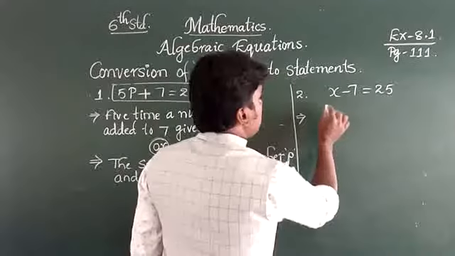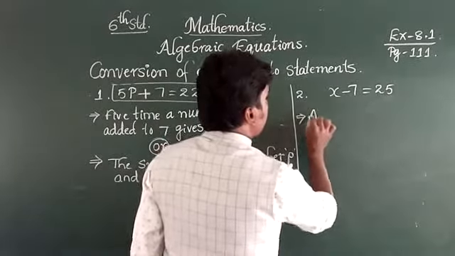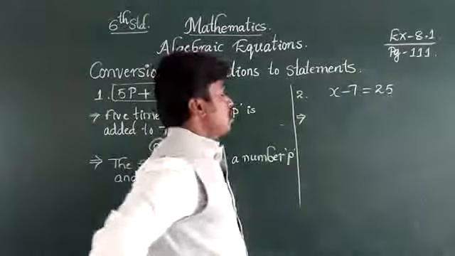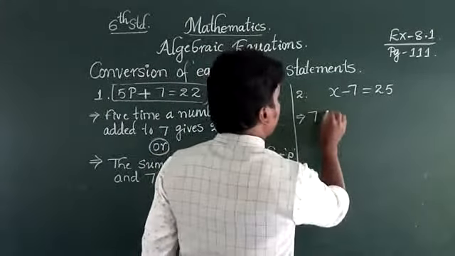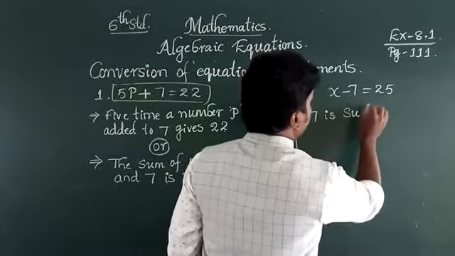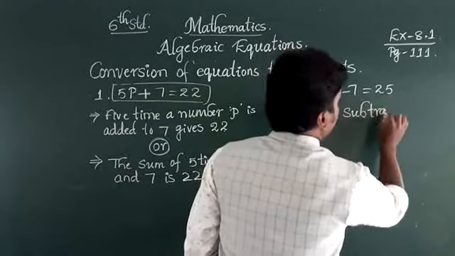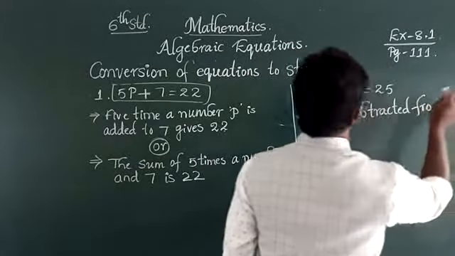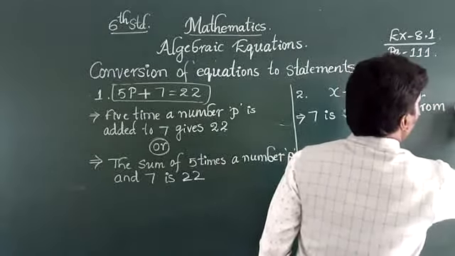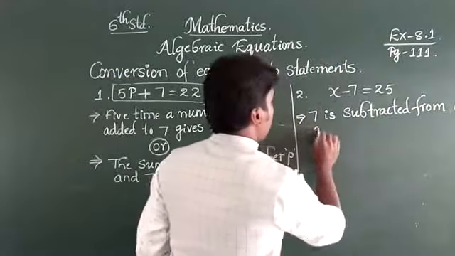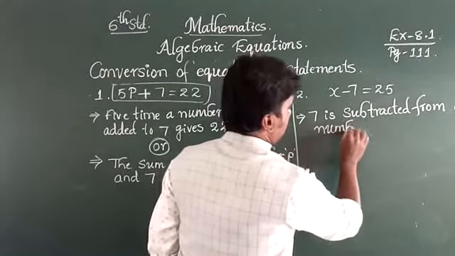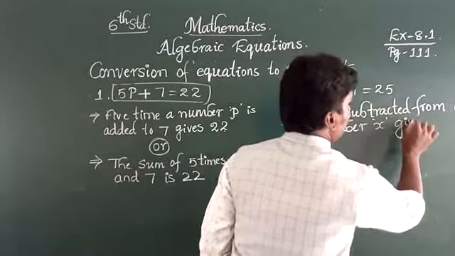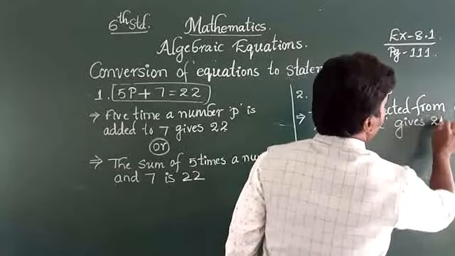Observe here: 7 is subtracted from a number x gives 25.